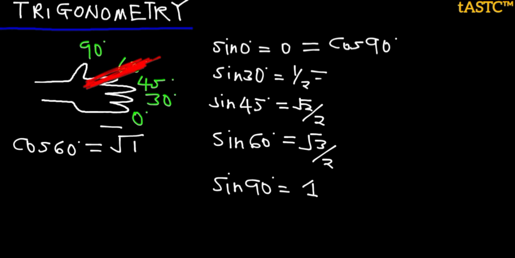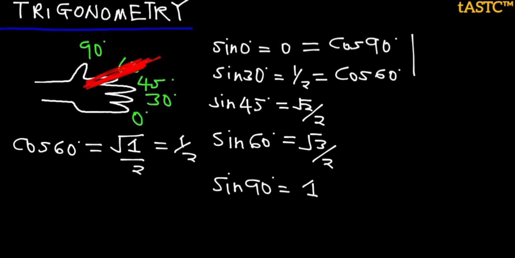So that should give me root 1 divided by 2, and so that is 1 divided by 2. This is a half, and that is the same thing as you have here. That is exactly what I was trying to say when I said that sine 30 will be equal to the equivalent of the complementary angle in cosine. So in this case, this is the same thing as cos 60 degrees.